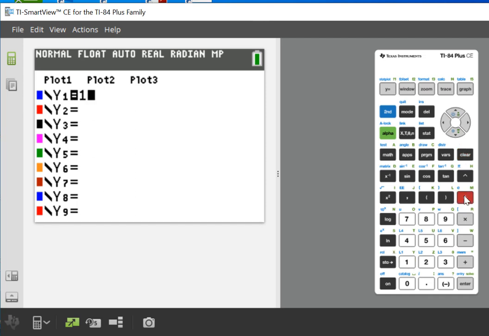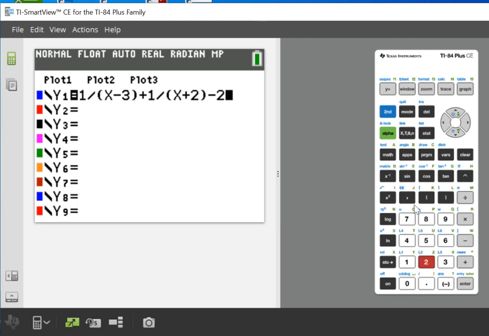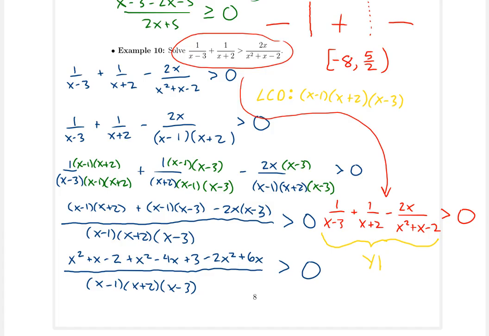So we have 1 over x minus 3 plus 1 over x plus 2, and then what do we have here? x squared plus x minus 2 minus 2x over x squared plus x minus 2. Put all that in parentheses. Let's just double check if I copied that correctly. Yes, I did.